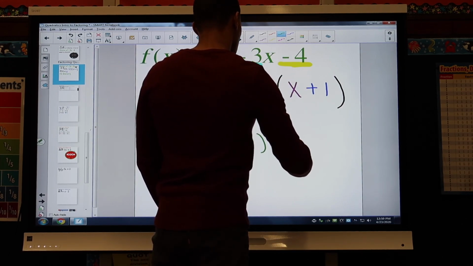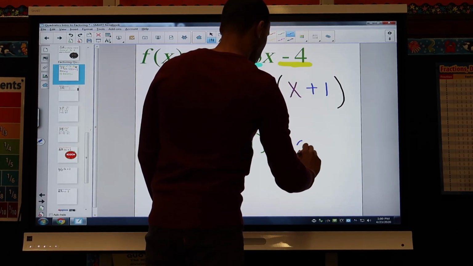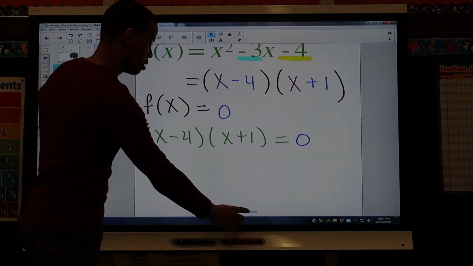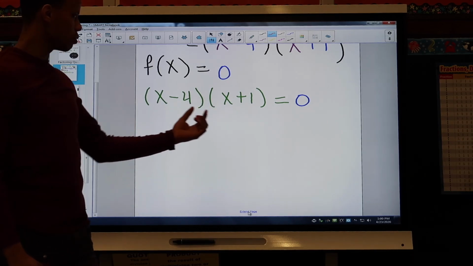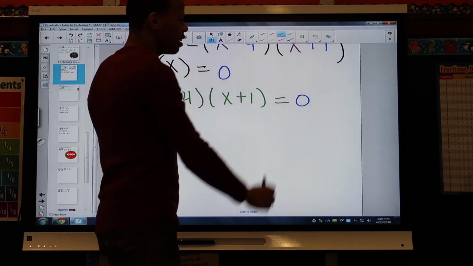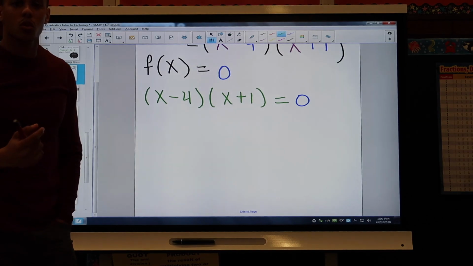So now I want to know when is this equal to 0, right? So I know that this is equal to 0 when either of these is equal to 0, right? So then that gives us two cases, right?